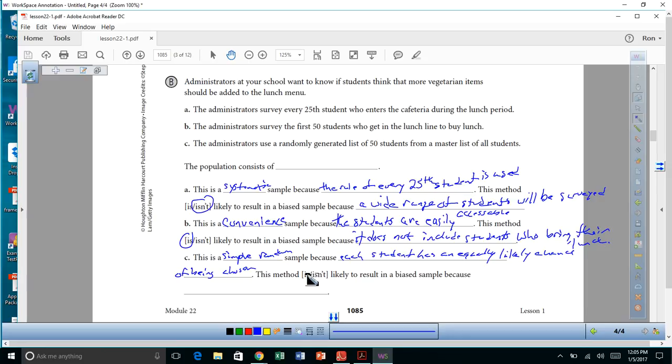This method isn't likely to result in a biased sample because the students are chosen randomly.